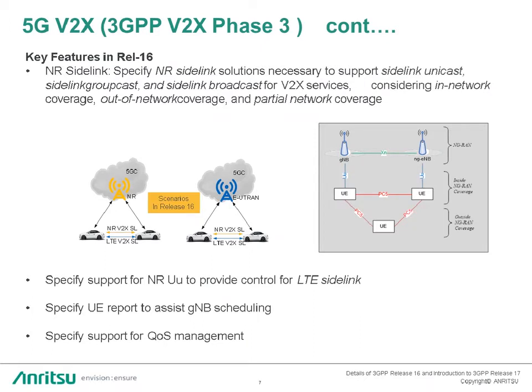Also in the picture on the right hand side, we see that both the scenarios are covered where UE is connected to the network, which is inside the RAN coverage, or UE is out of coverage, where there is no network to support the resource allocation.